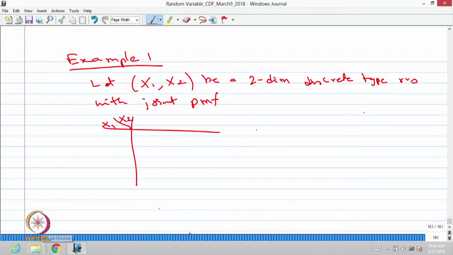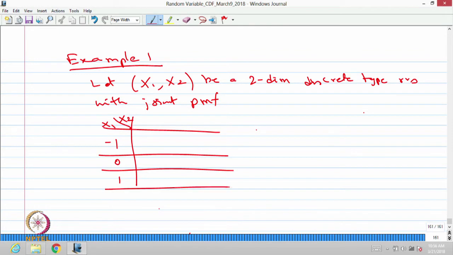The possible values of x1 are -1, 0 and 1, and the possible values of x2 are 0 and 1.